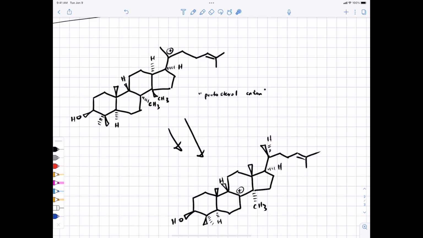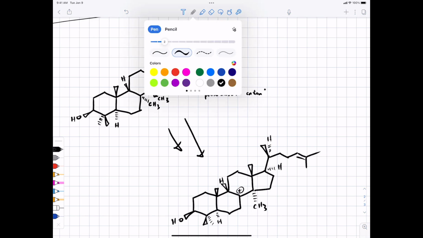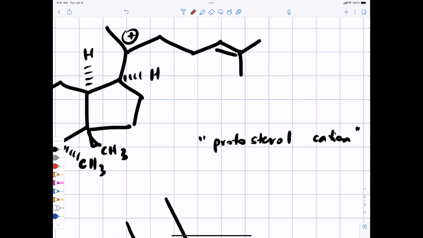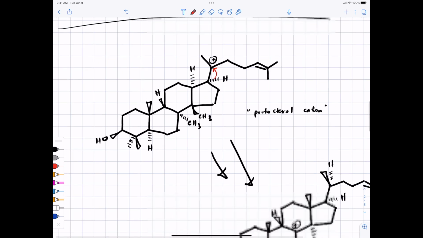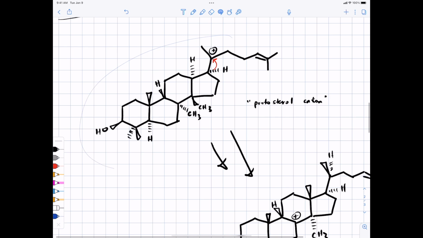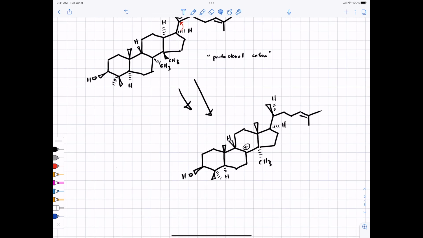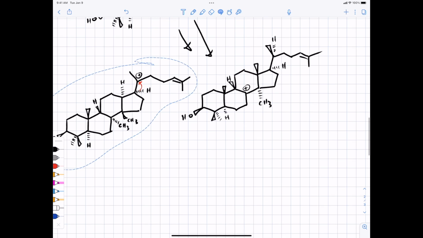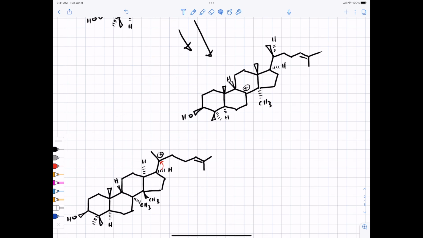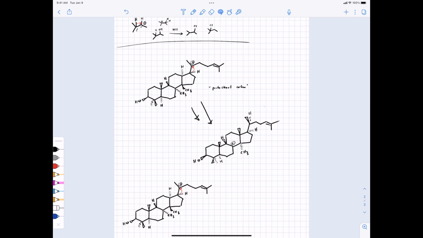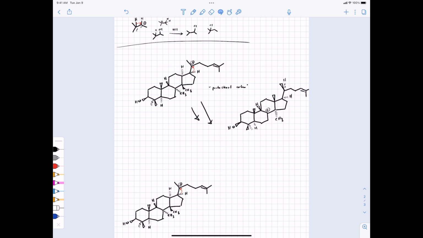So we can show that 1,2 hydride shift by simply taking that hydrogen with its electrons and walking the proton over. Okay. So we need to keep this as our goal where we want to get to.